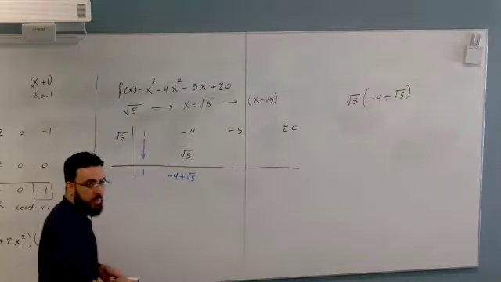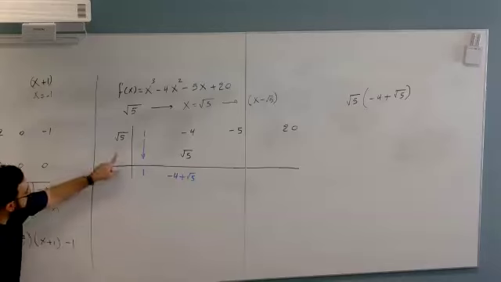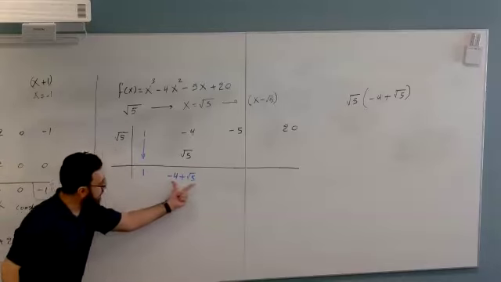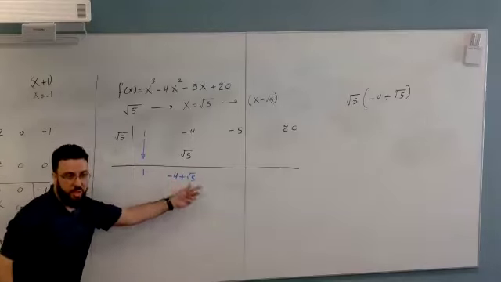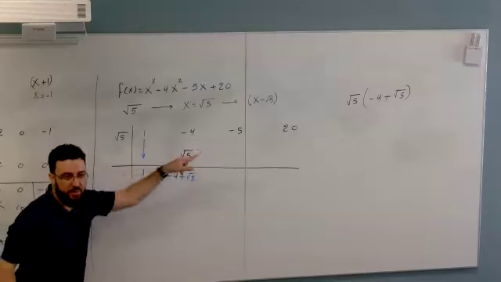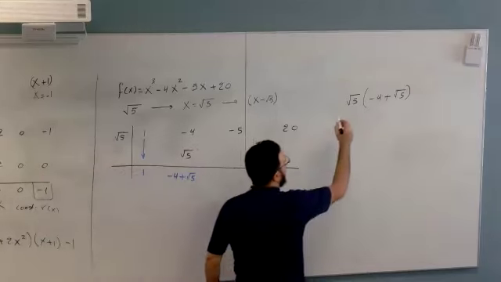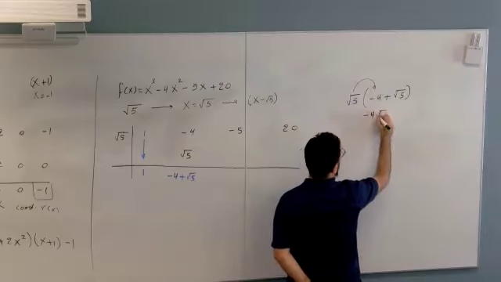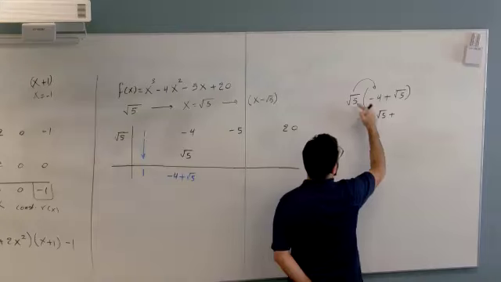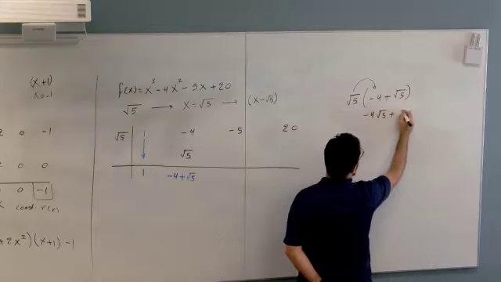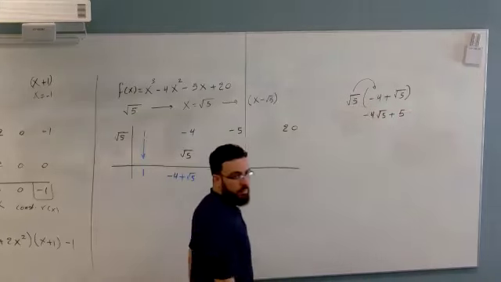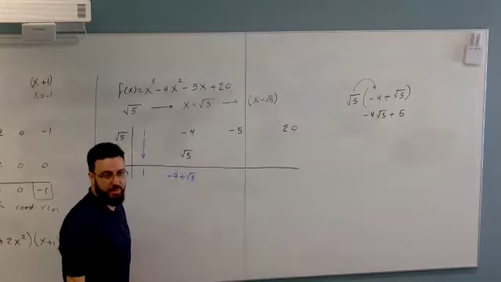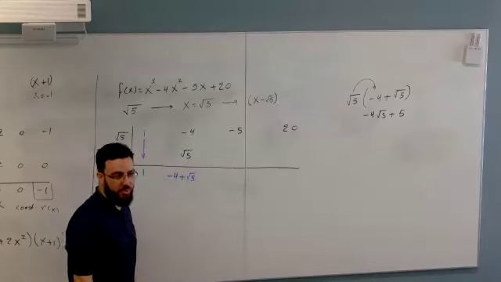See? That's what we're gonna do. We're multiplying this number by both of these. So we have to FOIL it. Square root of 5 times -4 square root of 5 plus square root of 5 times square root of 5. Yes or no?